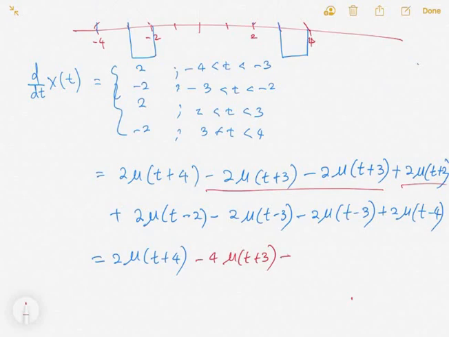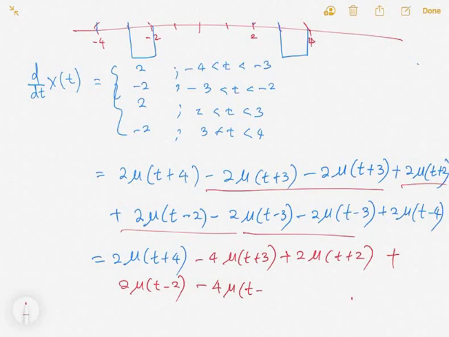And then you have plus 2 unit step t plus 2, and then plus 2 unit step t minus 2. And then this one, -4 unit step t minus 3, plus the last one, 2 unit step t minus 4. So this is the first order of x(t).